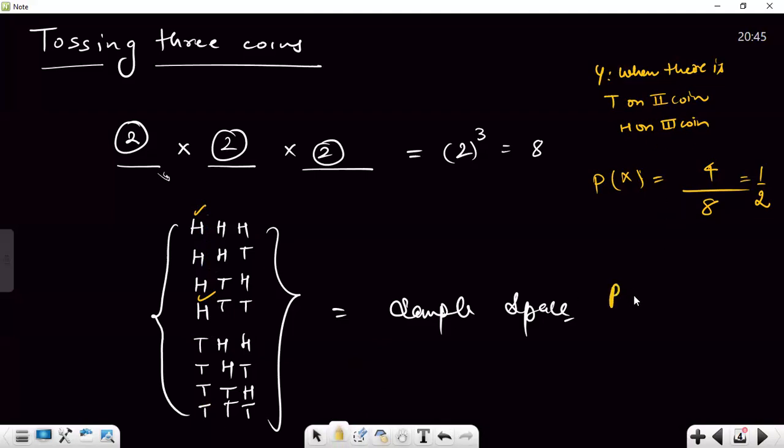So the probability of event Y: the number of elements in the sample space is 8, same. How many tails on the second? 1, 2, 3, 4. Okay. How many heads on the third coin? We need it to happen in the same case at the same time. Let me first remove the distraction for your understanding.